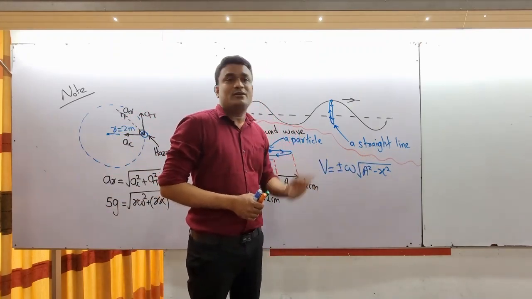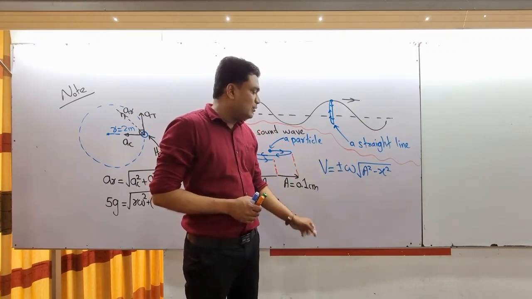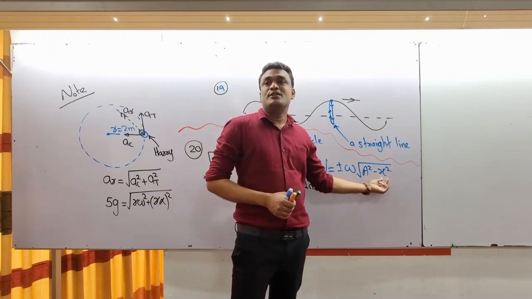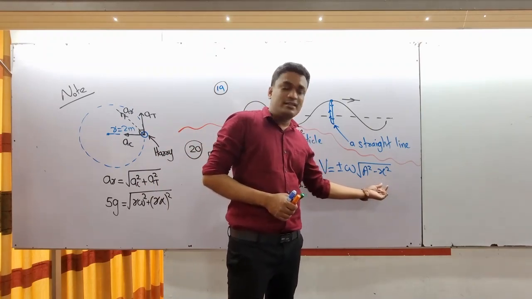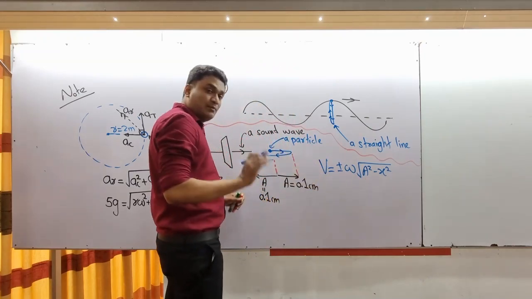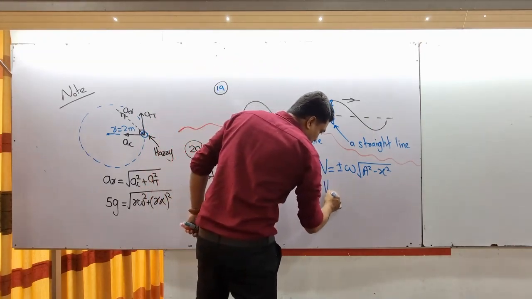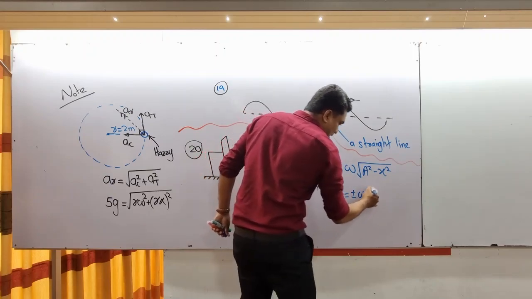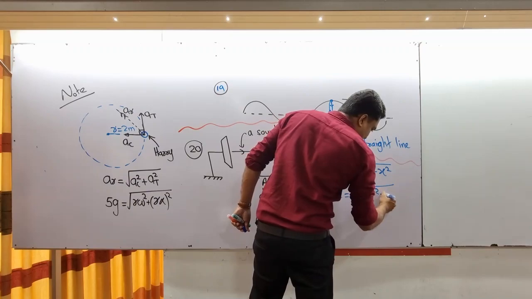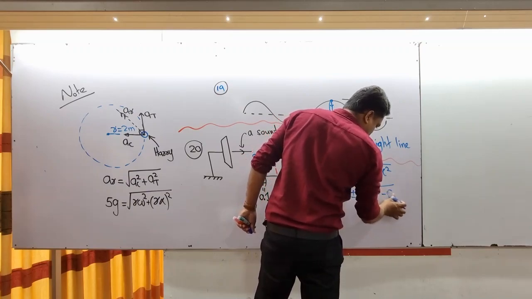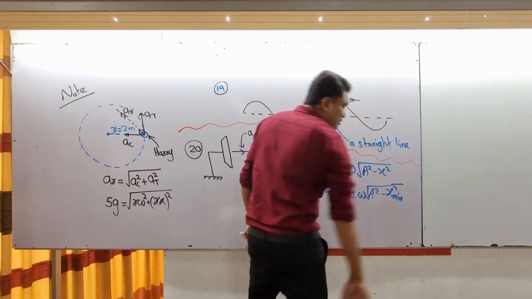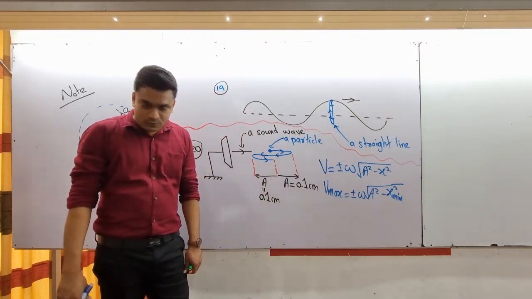Even from this equation, v will be larger when x is smaller. The smallest value of x is 0. When x is 0, V will be maximum. Don't write. V is maximum, plus or minus omega, when x is minimum. The minimum value of x is 0.